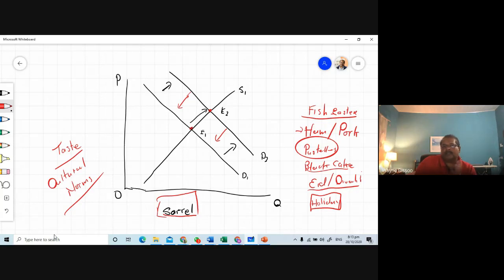So now you have another element, which is what we listed as a shock. Remember that we talked about random shocks. We have that random shock impacting upon our circumstances right now. A lot of people may still want to do something for Christmas, but they may not put out as much as they did before. Similarly, suppliers might feel as if the demand is going to be a bit depressed, so they may not put out as much as before, or they may hold back to see what's happening with the market.